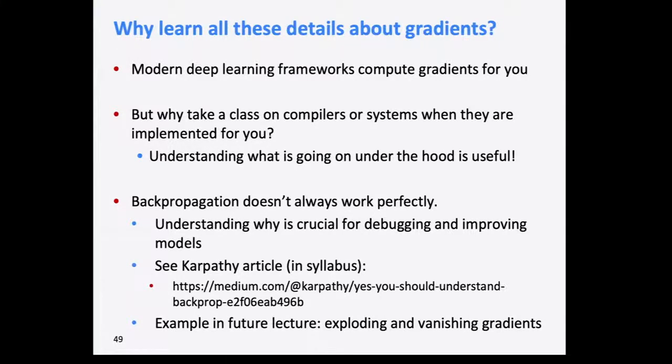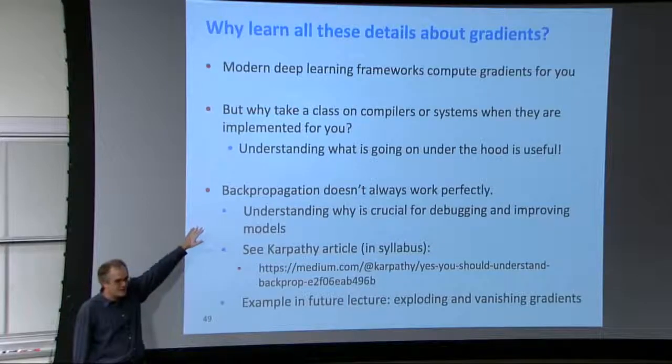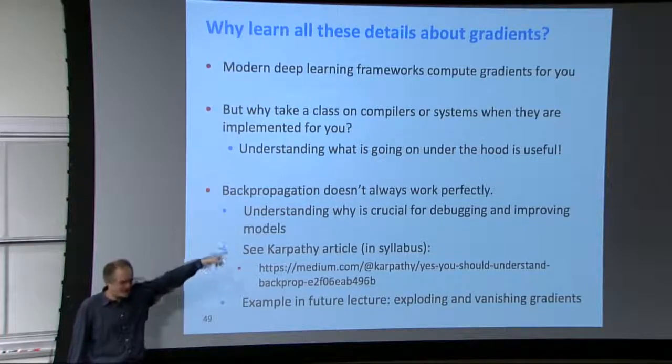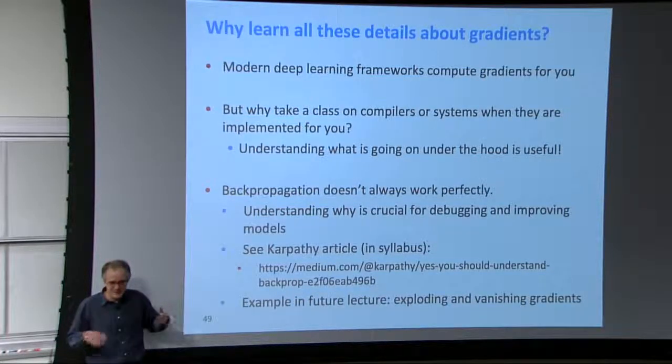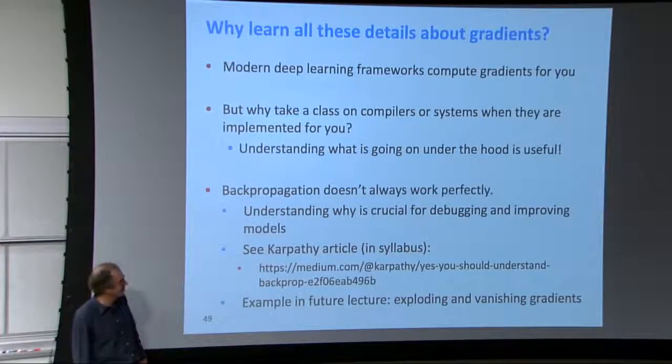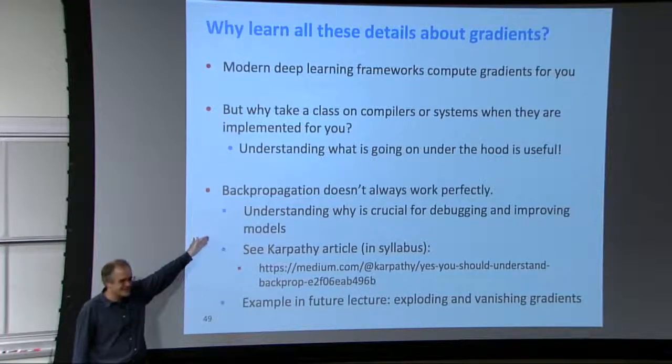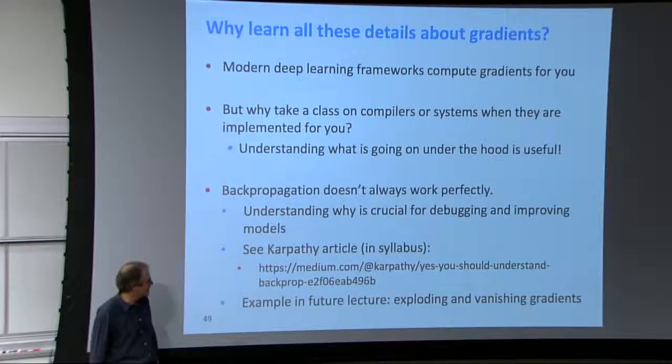But there is more to it than that. Even though backpropagation is great, once you're building complex models, backpropagation doesn't always work as you would expect it to. Perfectly is maybe the wrong word, because mathematically it's perfect, but it might not be achieving what you want it to. If you want to debug and improve models, it's crucial to understand what's going on.